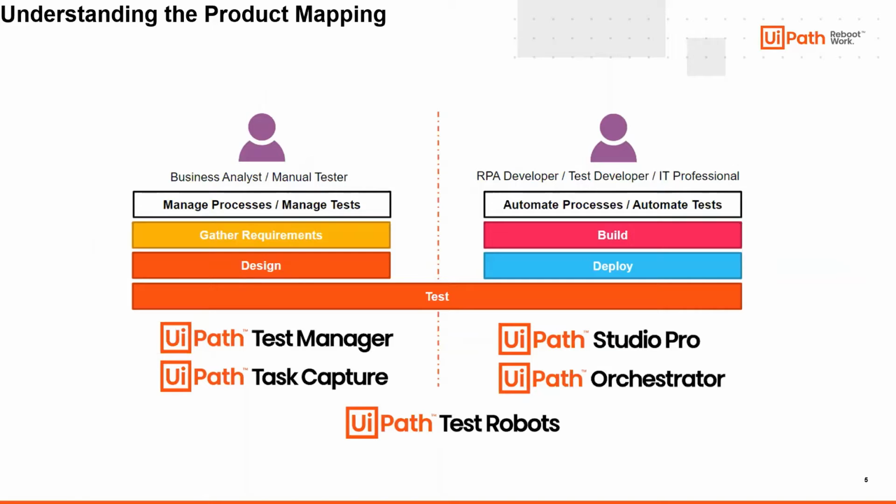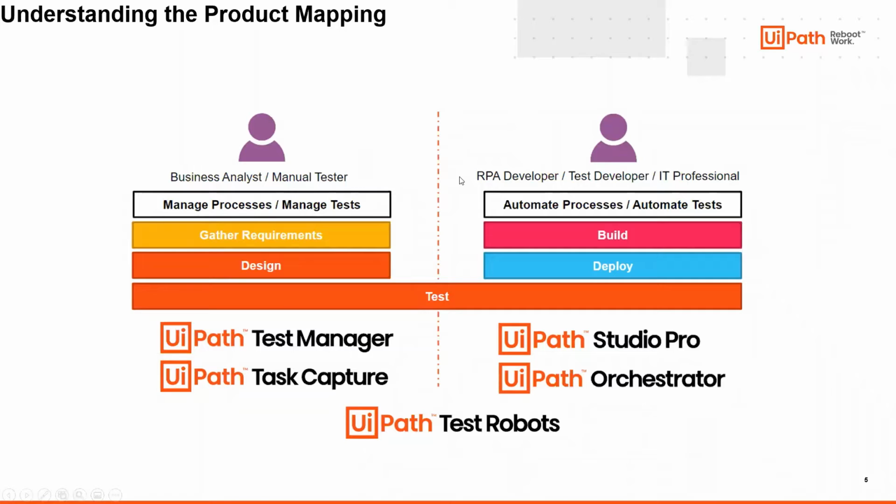So whatever we are building or deploying, we need to test it to ensure that whatever we have developed is working as expected. And when we are talking about a manual tester, they have to test the functionality or test the process in a manual way to ensure that it is working as expected.